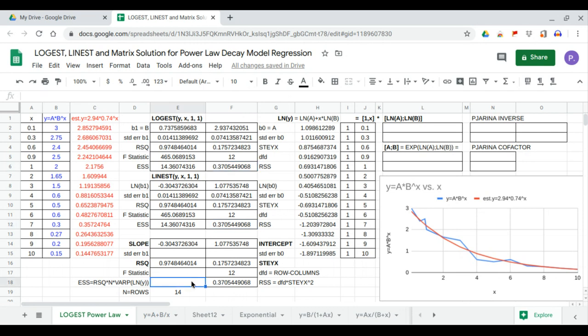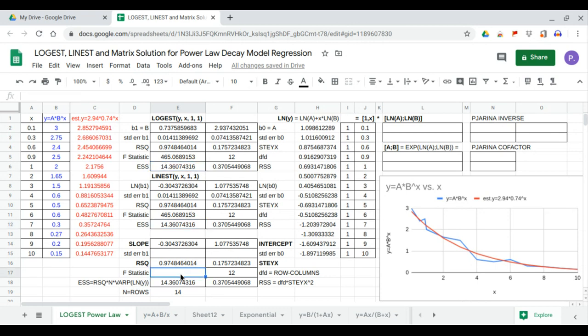We calculate the regression sum of square, which is r squared times n times varp of the ln y values. 14.36 matches our LINEST and LOGEST output.